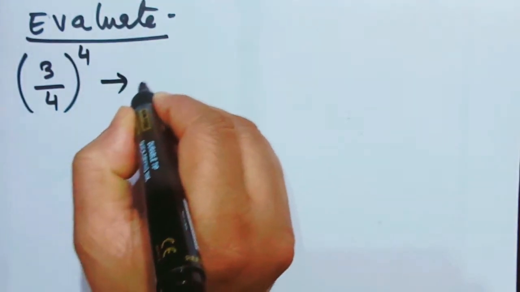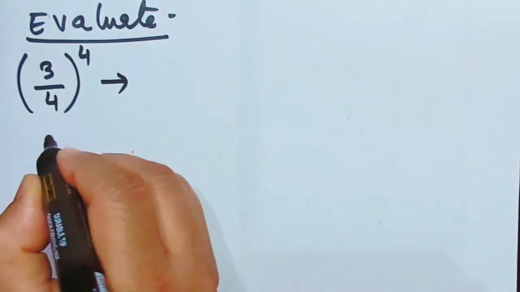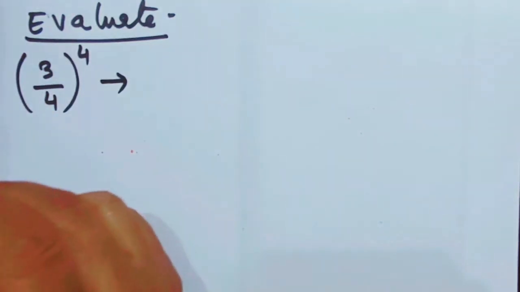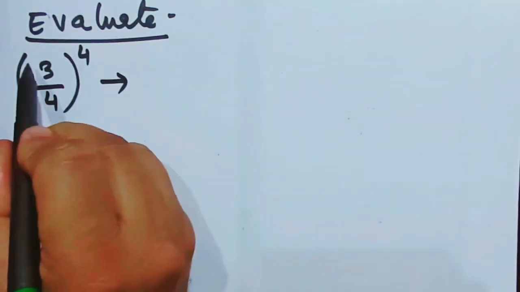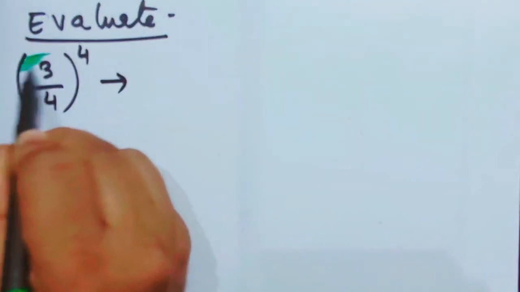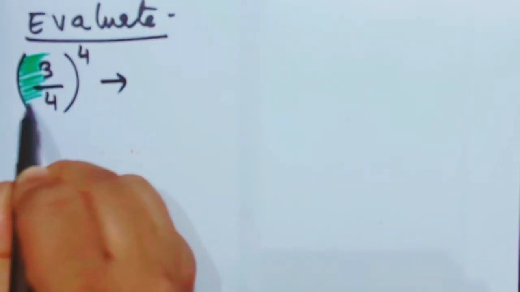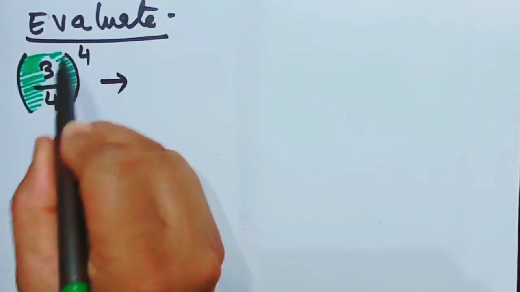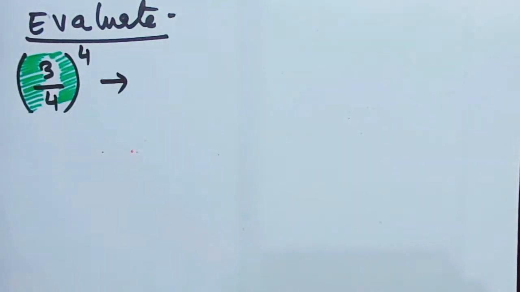So we'll apply the same trick. This 3 by 4 is one number. Since this is one number, naturally this 3 by 4 will be repeated 4 times.